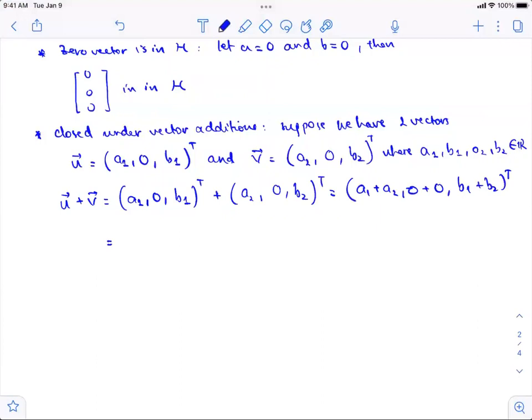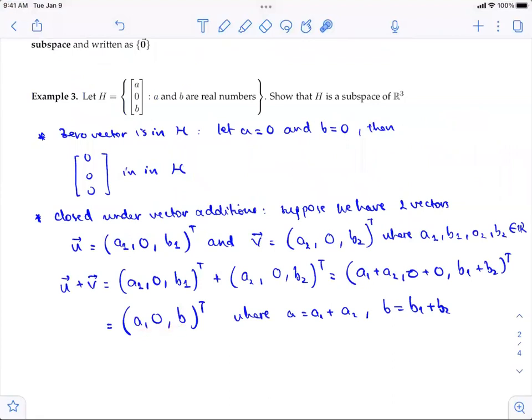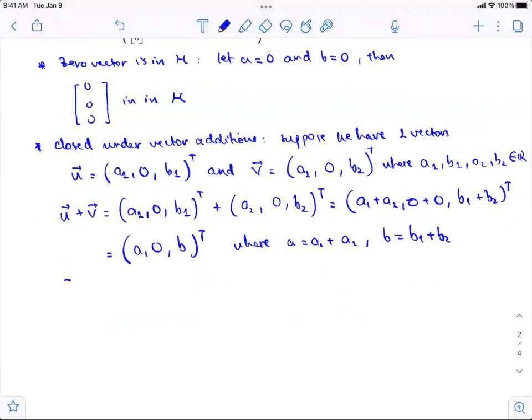All this is equal to a, 0, b transpose, where a is equal to a1 plus a2, and b is equal to b1 plus b2. And of course, a and b are real numbers. So I obtain the exact form from the subset that I have. This implies that H is closed under vector addition.